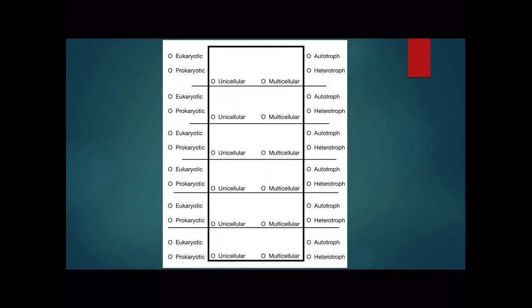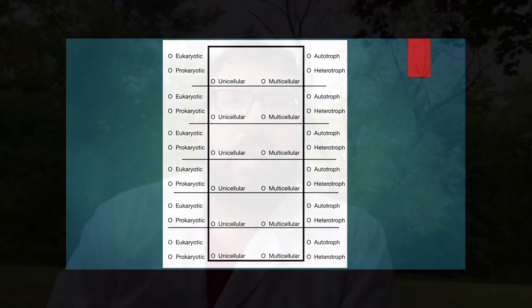So here we are. We're at our last part where you're going to build a visual that's going to help you remember what all these different kingdoms look like and what their characteristics are. So in just a moment, I'm going to start building this with you, and you're going to use the items inside the folder, or you can go on Safari and use pictures of your own to help fill in this chart.